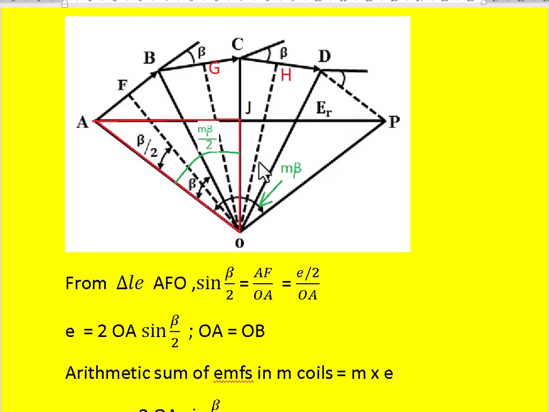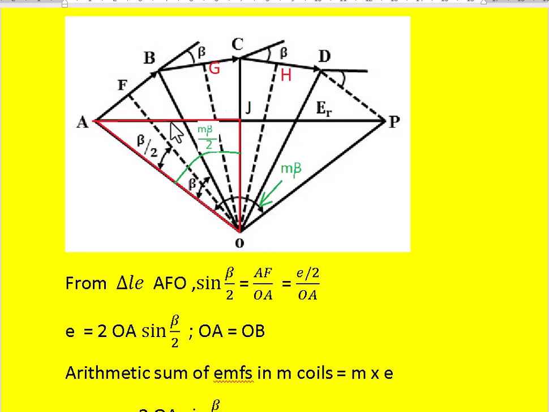But for M coils, we assume the resultant voltage is ER, and its bisector, OJ, will make an angle of M beta by 2, because the whole angle is M beta, like beta earlier for the single coil. Its bisector will make an angle of M beta by 2 with OA.